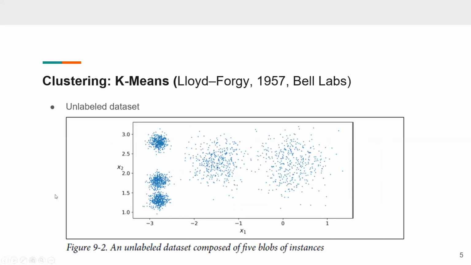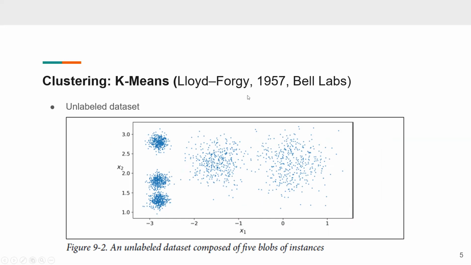So let's continue with a different data set. This data set comes from 5 blobs of instances. K-means was initially designed in 1957 at Bell Labs by Lloyd and Forgy.